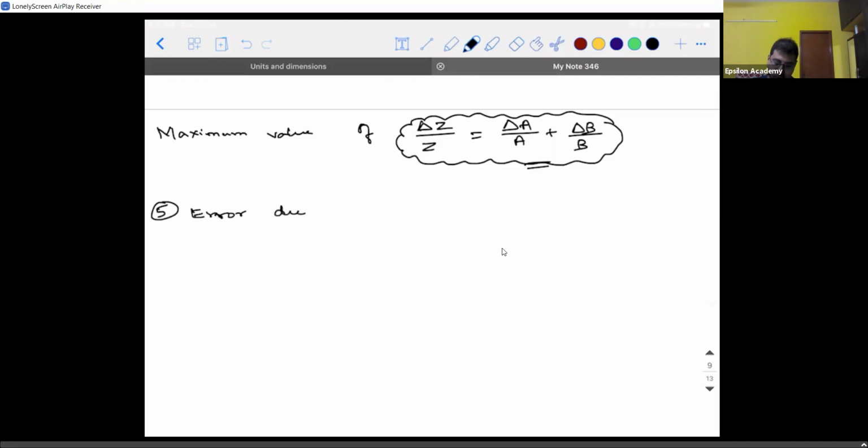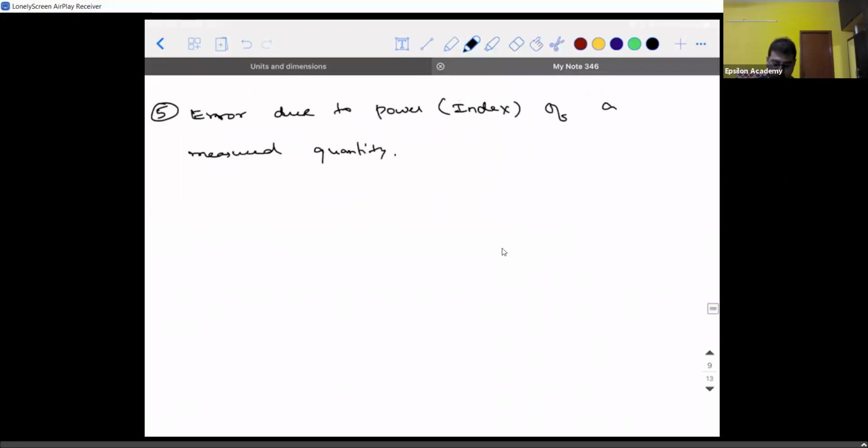Power is also called index of a measured quantity. Suppose I have Z is equal to A power n, then you can write delta Z by Z is equal to n into delta A by A.